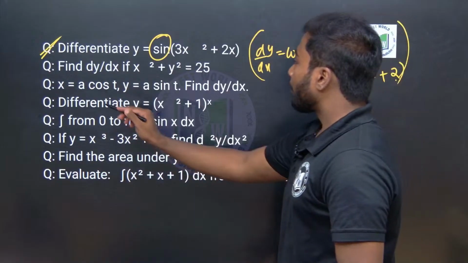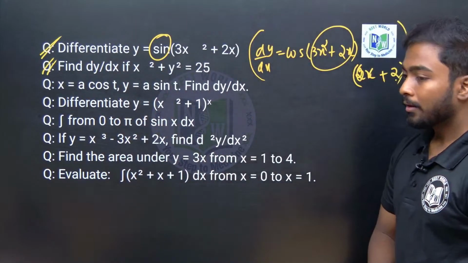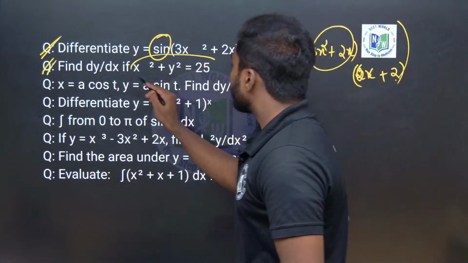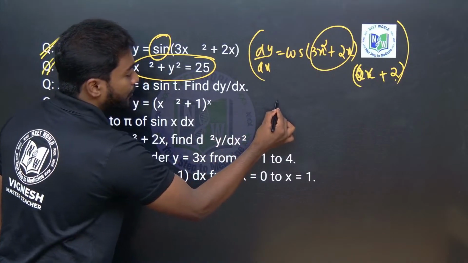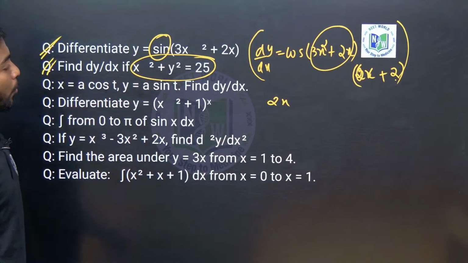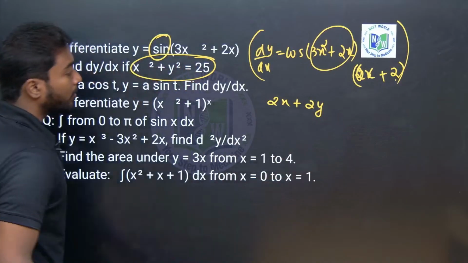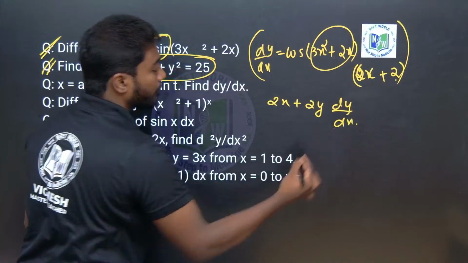If I talk about the second question, x square plus y square has been given: x square plus y square equals 25. In these kinds of cases, if I differentiate x square, it is 2x. If I differentiate y square, it is 2y, and I am differentiating again with respect to dy by dx.